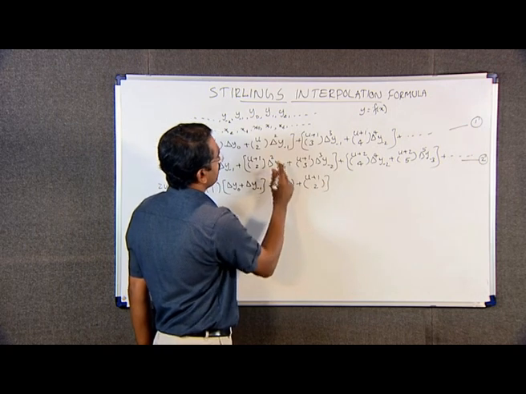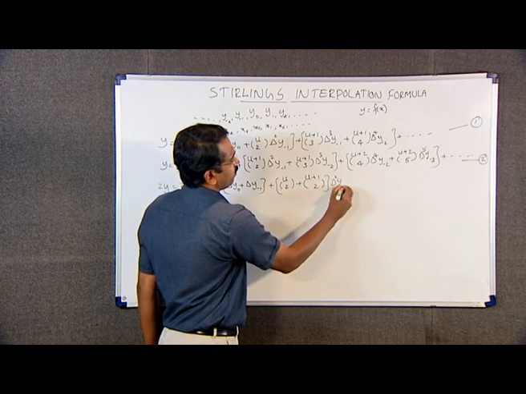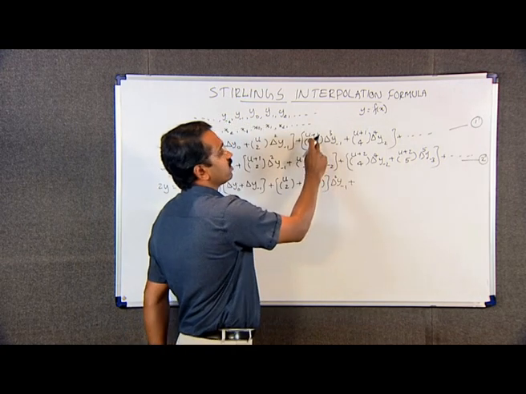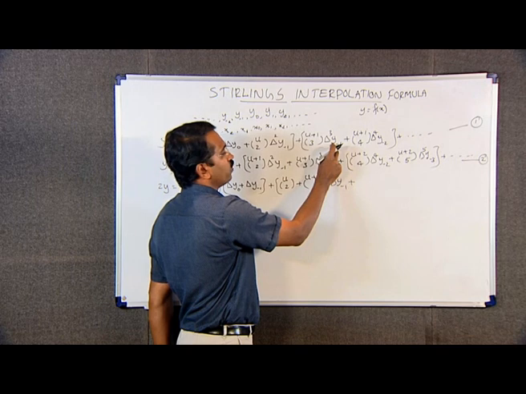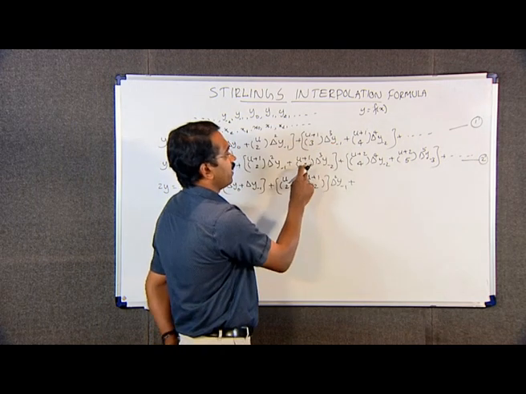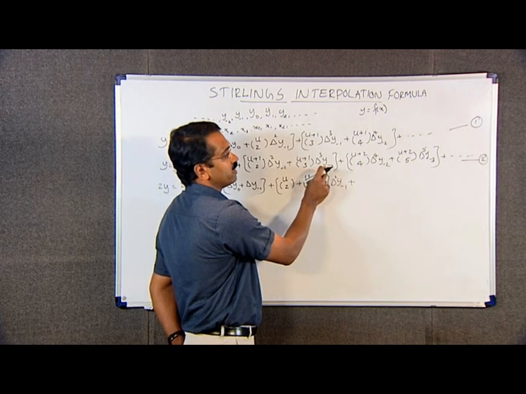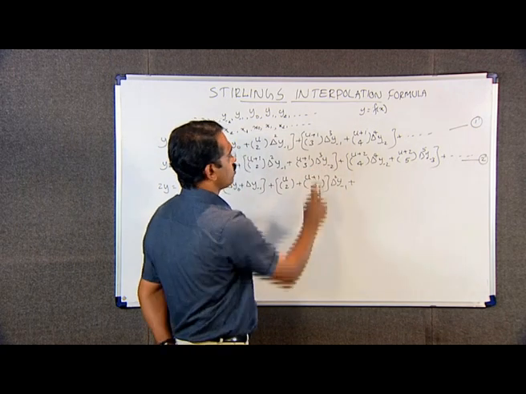into delta square y minus 1 plus next term is u plus 1 c3 delta cube y minus 1 here, and in the second expression u plus 1 c3 into delta cube y minus 2.